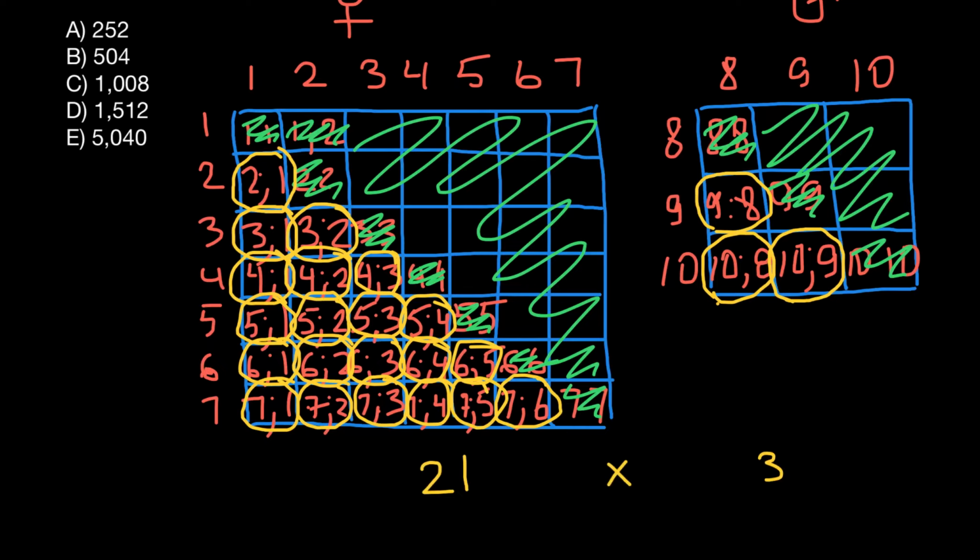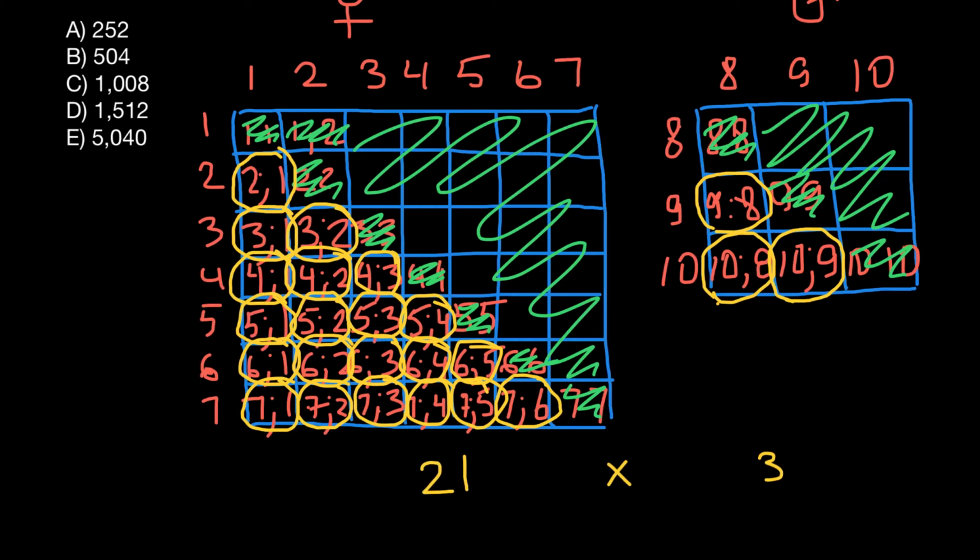And it is obvious we have to use the product rule. We have to multiply these independent numbers of ways. So this would be our first step. We have found all possible combinations of boys and girls.